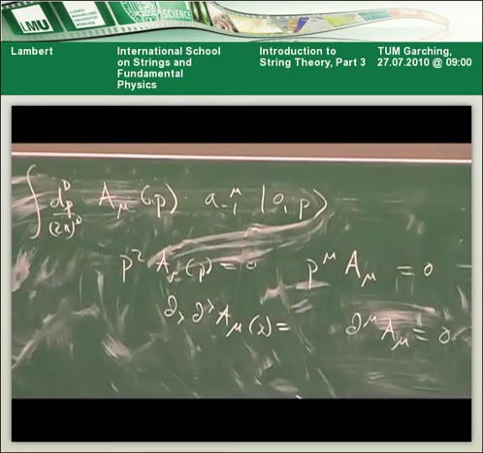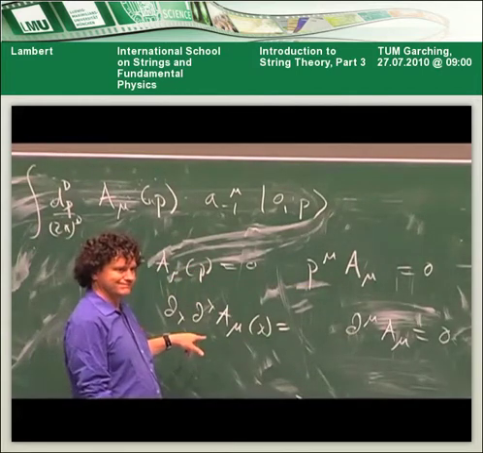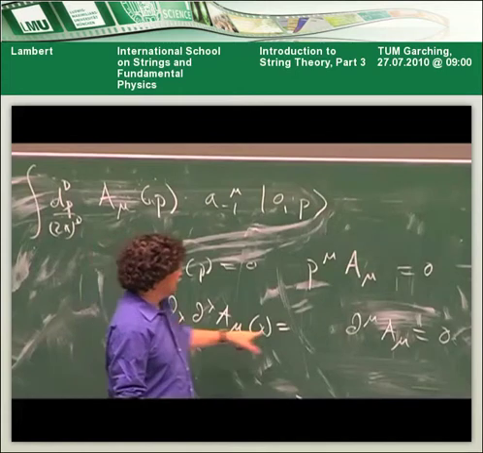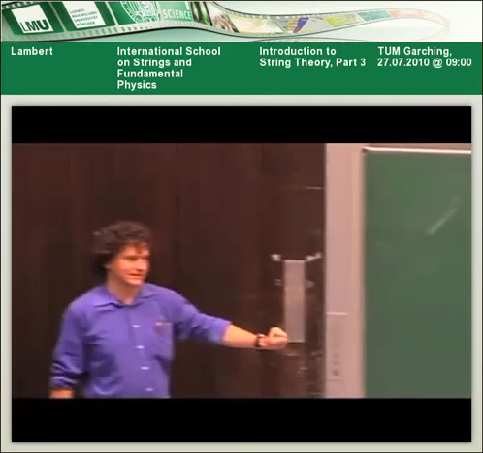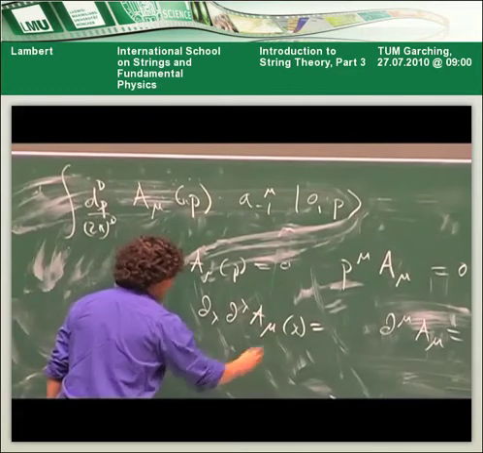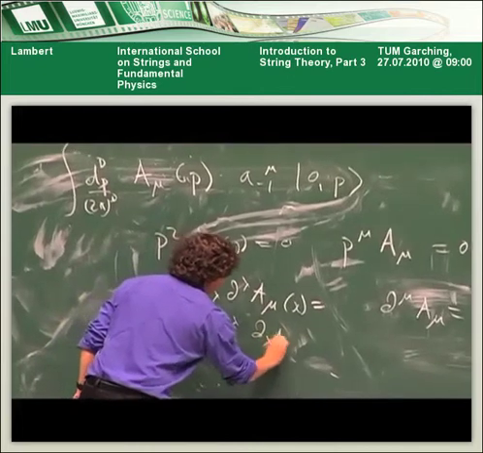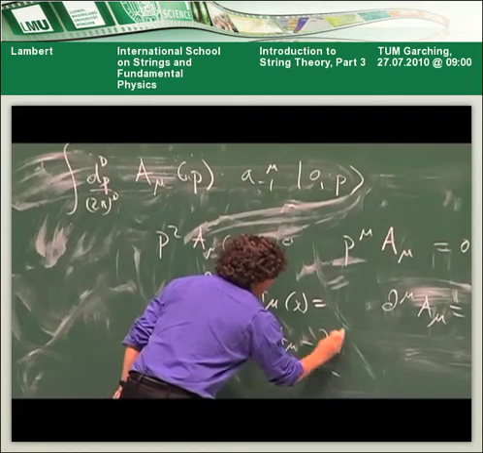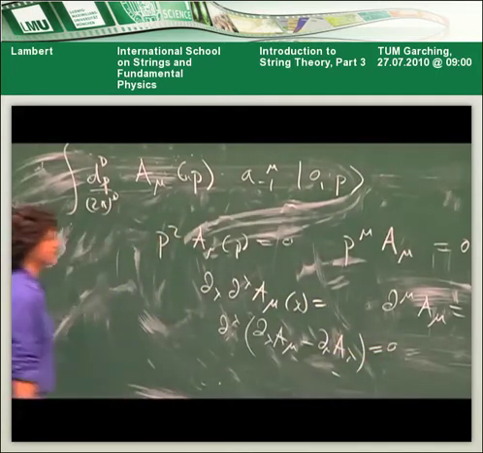So that's a more interesting state, some superposition of all those little states, and it's physical if this is true. So I convert to momentum position space, and I get this. And you recognize that as a gauge-fixed form of Maxwell's equation, because if you put these two together, it is ∂^λ.